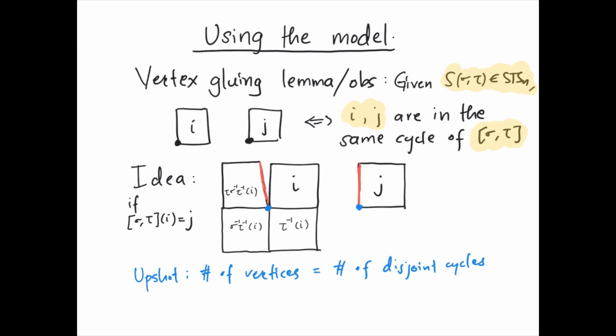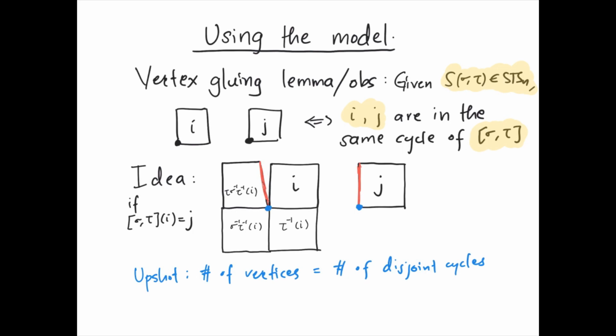And not only that, this lemma gives us a little bit more. You can actually deduce the angle around the cone point by knowing the length of the cycle that the corresponding square is in.